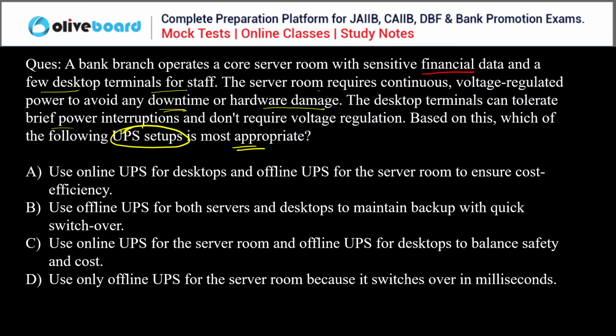Now, read the question carefully. The question is saying that there is a core server room with sensitive financial data, and the server room requires continuous voltage to avoid any downtime, while the desktop terminal can tolerate a brief power interruption and doesn't require voltage regulation.